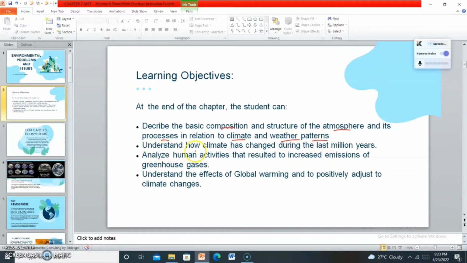Next, understand how climate has changed during the last million years. Analyze the human activities that resulted in increased emissions of greenhouse gases, and understand the effects of global warming and how to positively adjust to climate change.